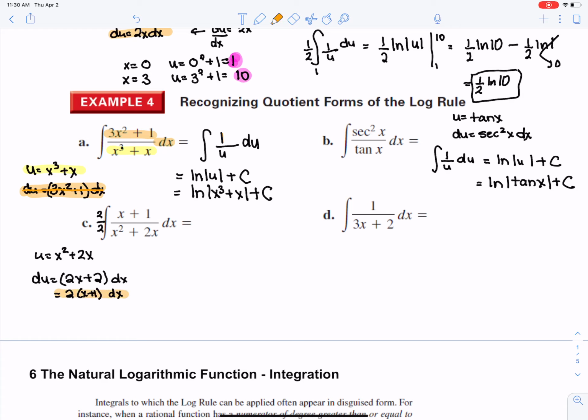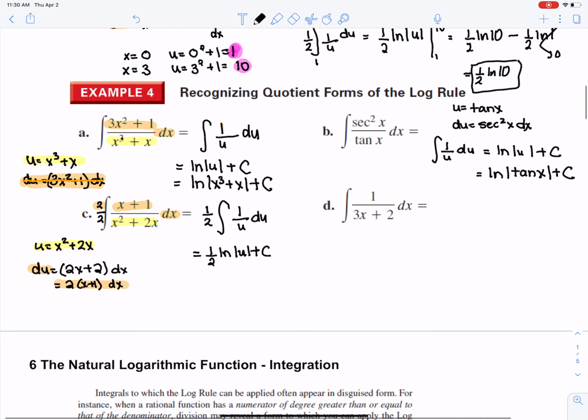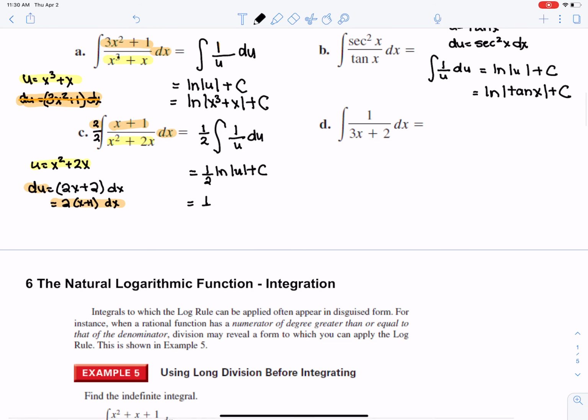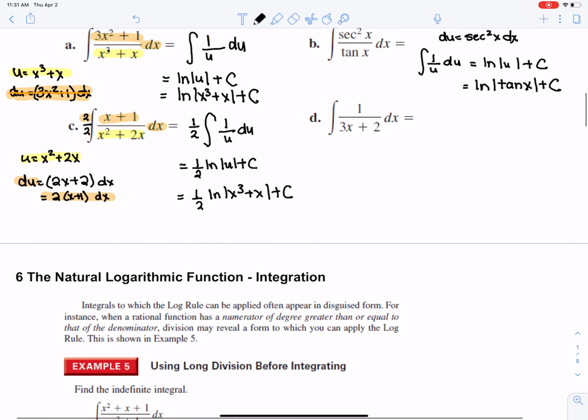So the 2x plus 2 dx becomes du. The u term is found on the denominator, and then that extra 1/2 is floating out front. So 1/2, 1 over u du. So 1/2 ln of absolute value of u plus c. And then I sub my u back in, plus my arbitrary constant.